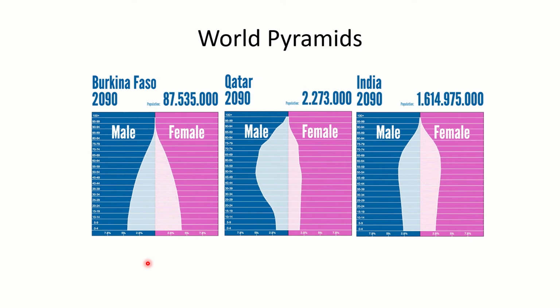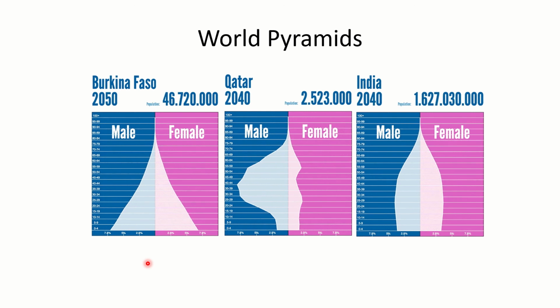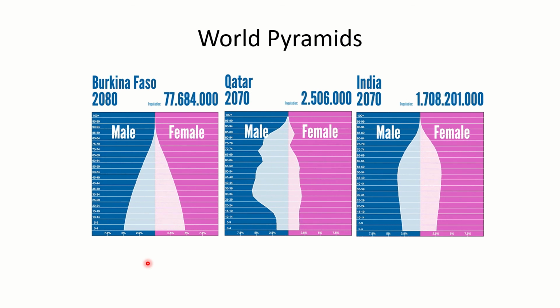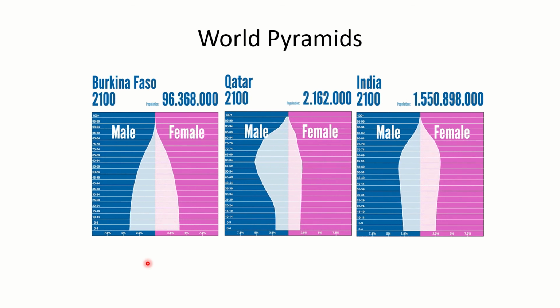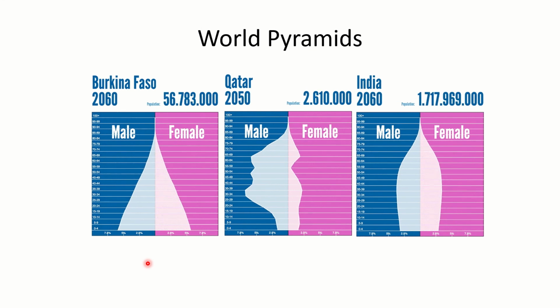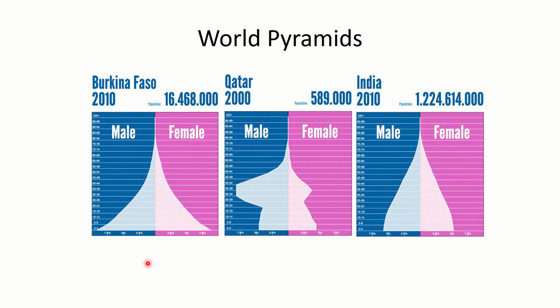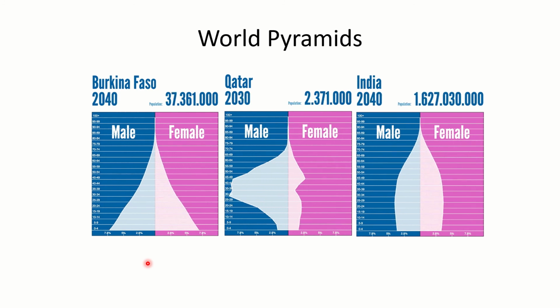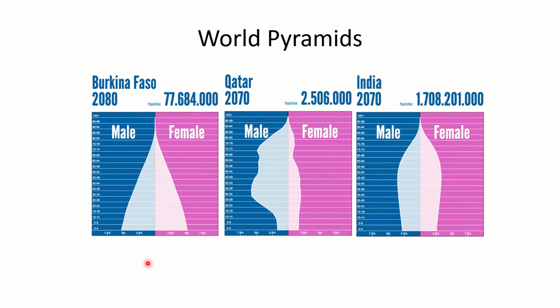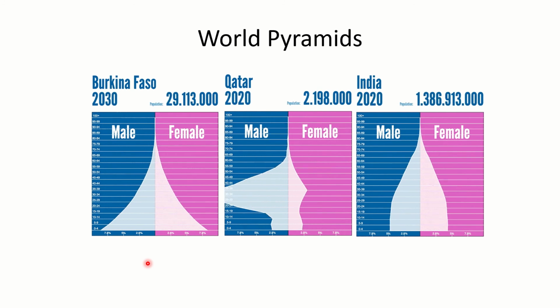Look at Qatar's pyramid. It looks really bizarre. They have seemingly a huge male proportion of the population. Not only that, but males seem to be surviving into their elderly years in significant proportion. One of the reasons for this is a very significant proportion of the population being male immigrant population, people coming across to work.